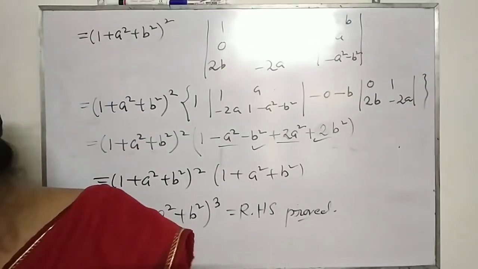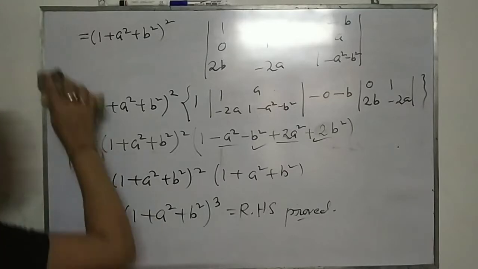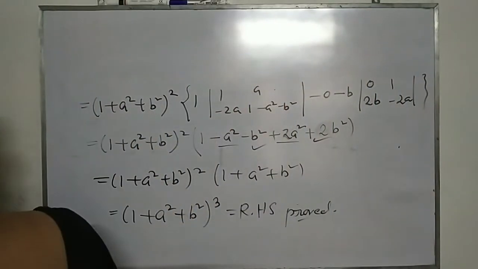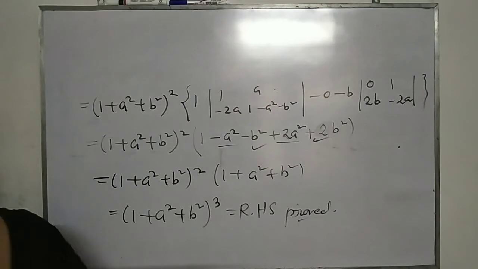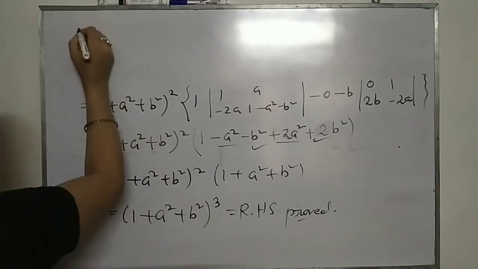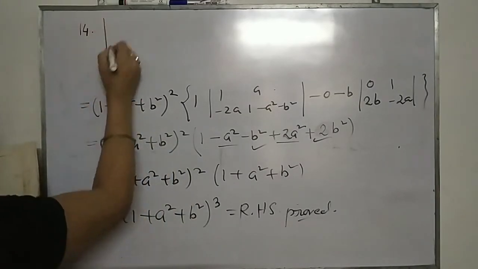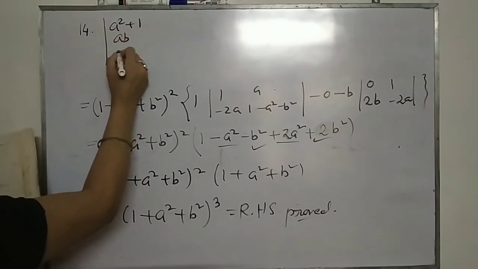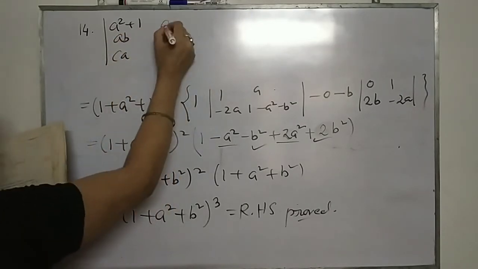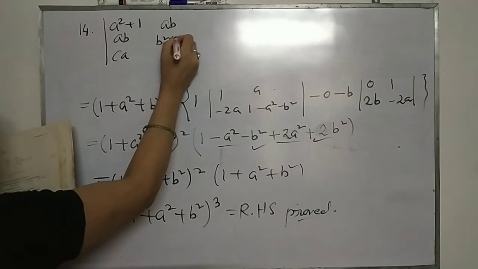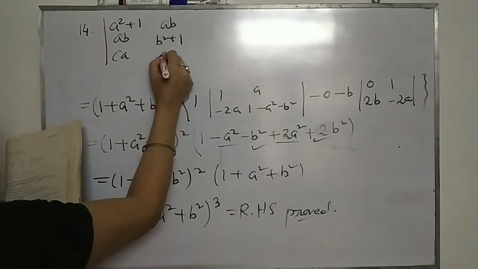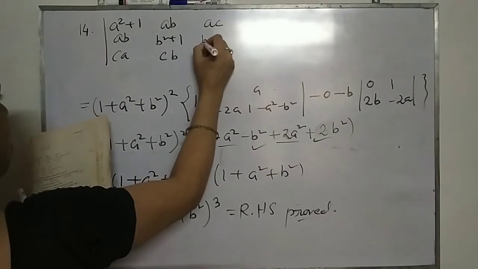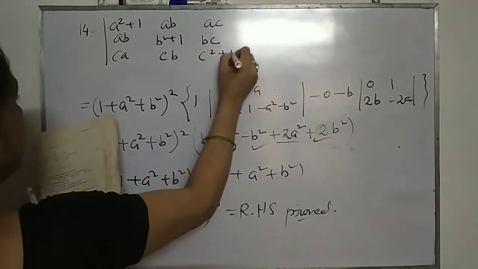After this, let me proceed to question number 14. Your question number 14 is: first row a square plus 1, ab, ca; second row ab, b square plus 1, cb; third row ac, bc and c square plus 1.